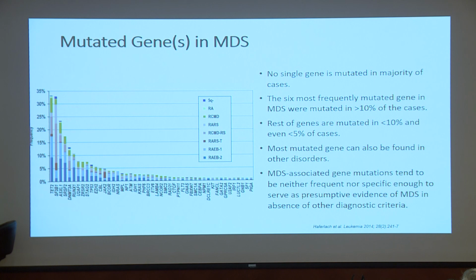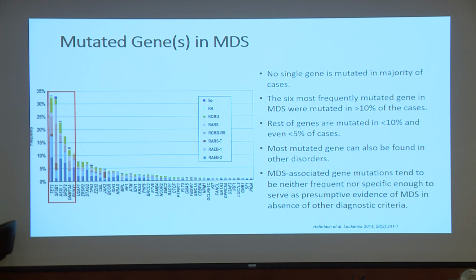So if you look at the gene mutation distribution in MDS, you will see it's totally different from the other myeloid neoplasms. From this figure, you can see there is no single gene mutation in the majority of the cases. And the 6 most frequently mutated genes in MDS were mutated in only slightly more than 10% of the cases. And the rest, less than 10% and even less than 5%.